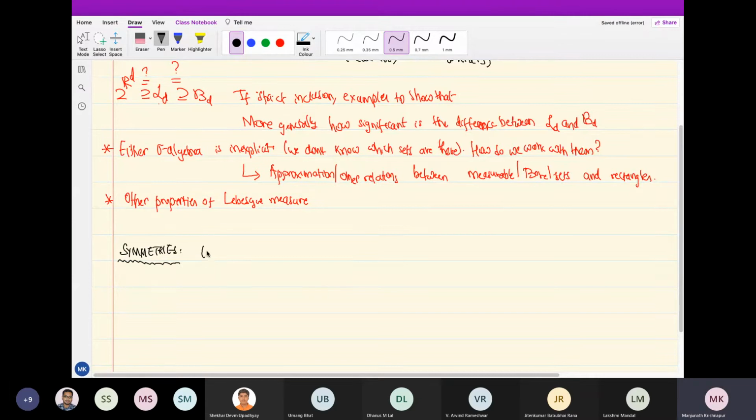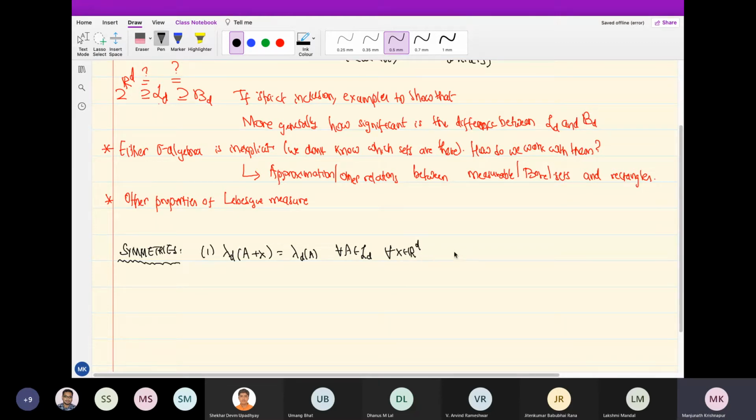Okay, first of all, lambda d of A plus x is equal to lambda d of A for all A in the Lebesgue sigma algebra and for all x in R^d.